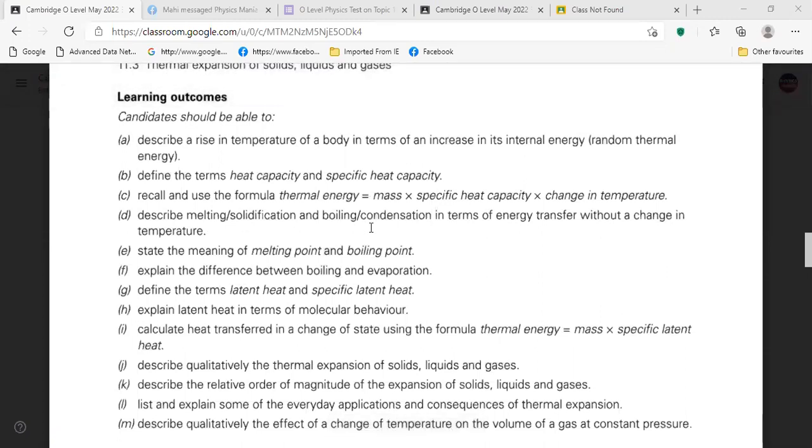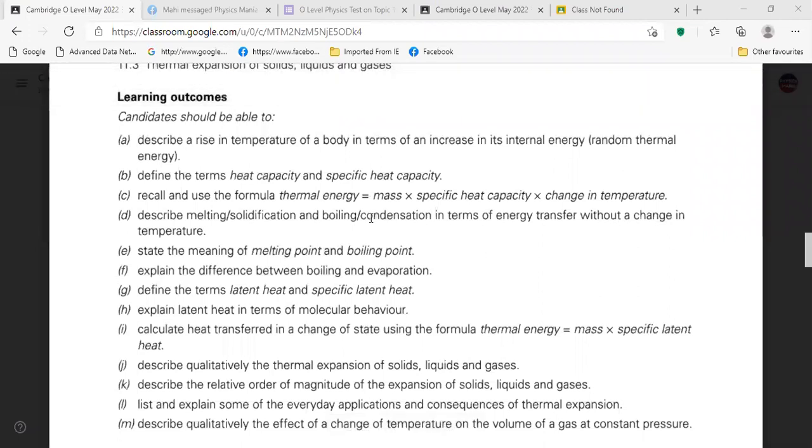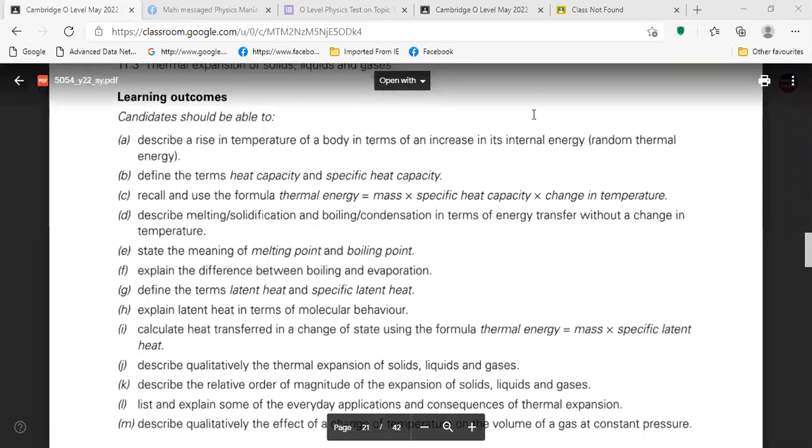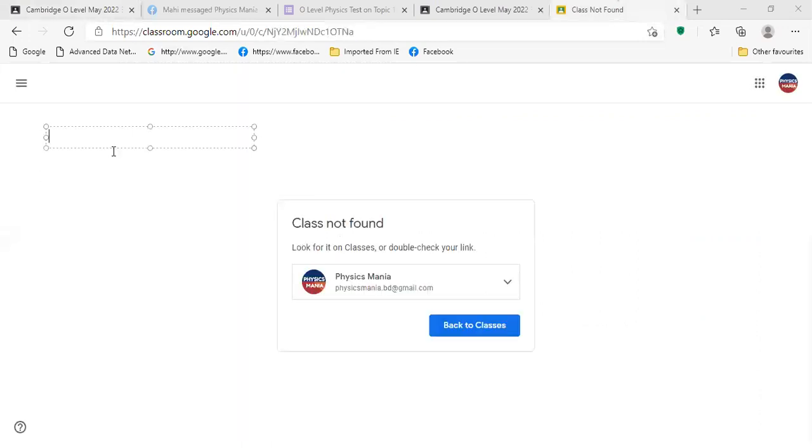These two are processes, and we also have melting point and boiling point. That one we will discuss later. Now we deal with these two processes. So we write here melting first.